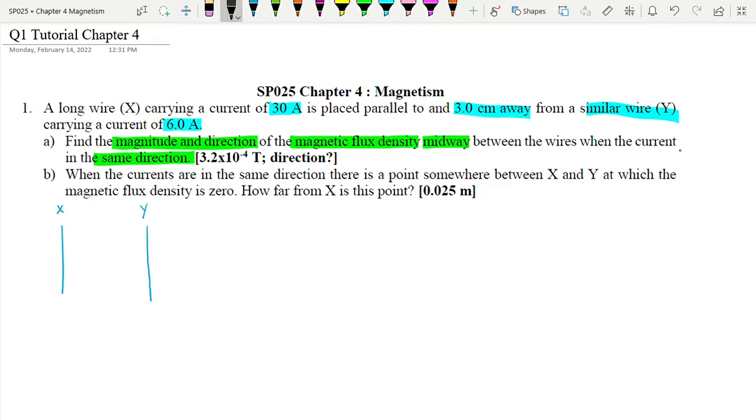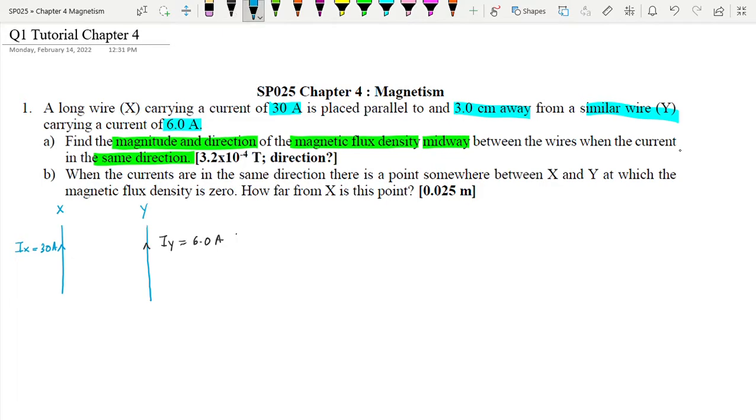So the first current, Ix, let's just assume it's upward, 30 ampere. And the second one should be in the same direction, Iy, which is 6.0 ampere. Both are in the same direction.